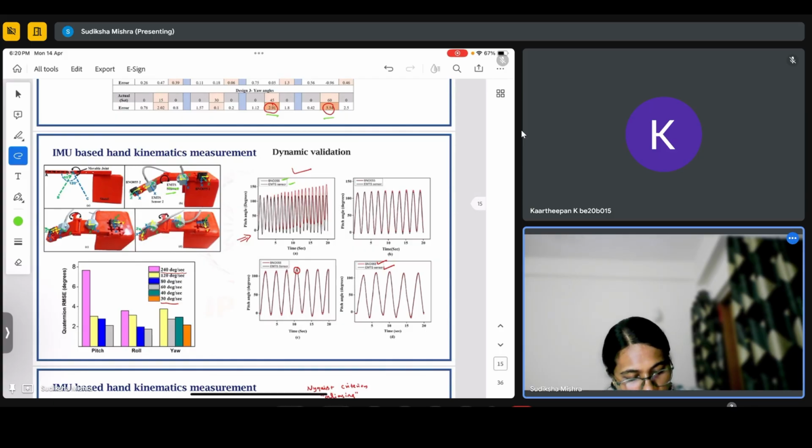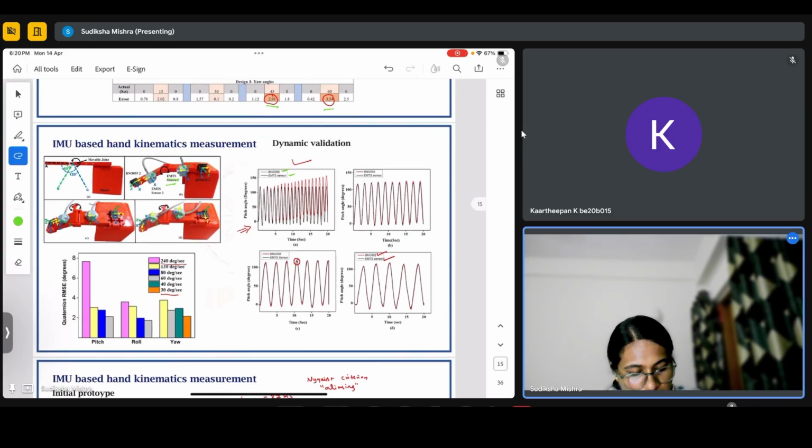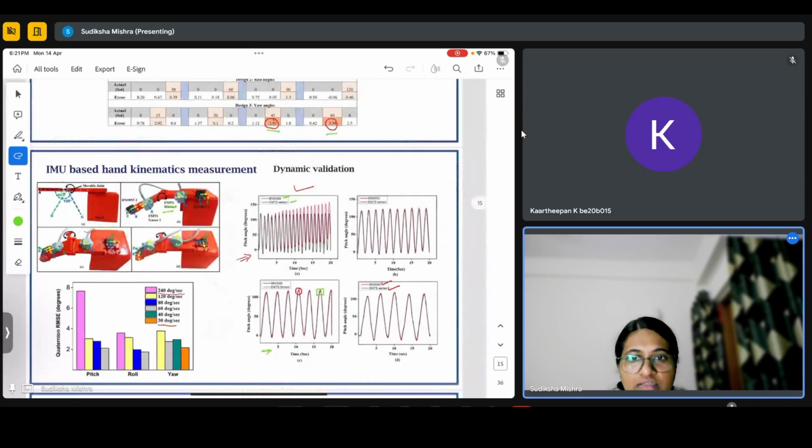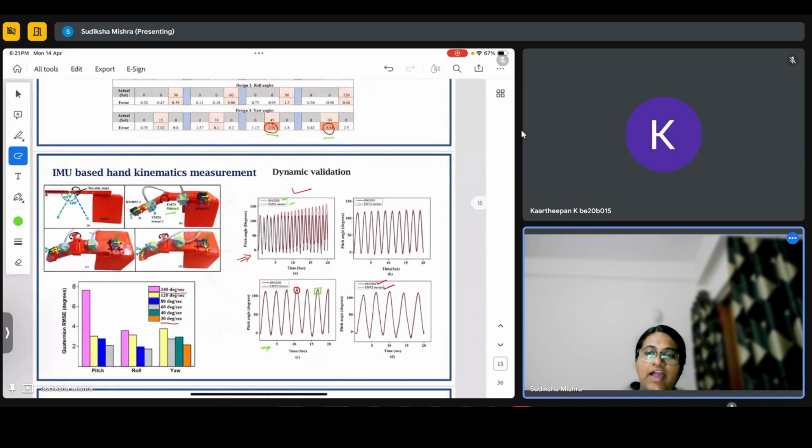In these cases the frequency is low. At very low frequencies, the measurements from the paper's IMU system and the EMTS sensor were the same. There were some very minute differences in these portions, but they were minute in the grand scale of things.